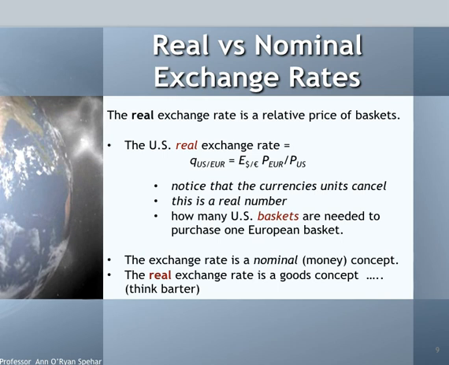And how do we know that it's a real exchange rate as opposed to a nominal one? Well, take a look at this equation. What this equation tells us is that Q is equal to the exchange rate times the price in euros divided by the price in dollars. Notice all of the units cancel here. The euro is in the denominator in the exchange rate, and I'm multiplying it times a price that's in euros. Those euros cancel.